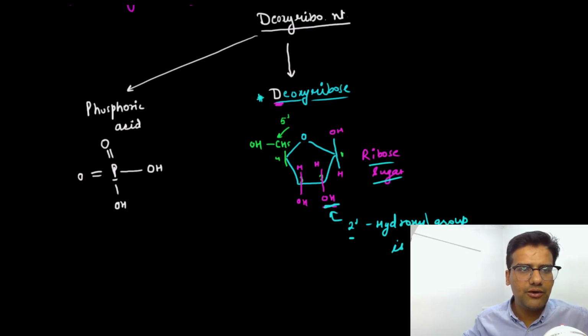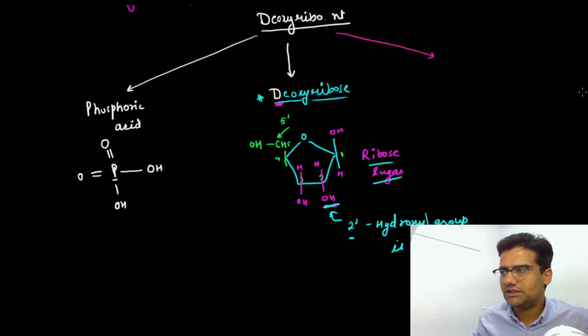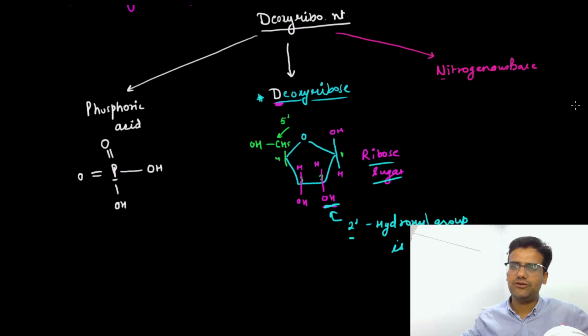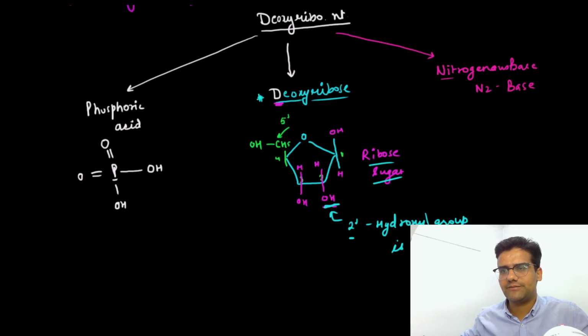If we further talk about the third part of a deoxyribonucleotide, it is a nitrogenous base. If we talk about the nitrogenous base, it means a nitrogen containing base.